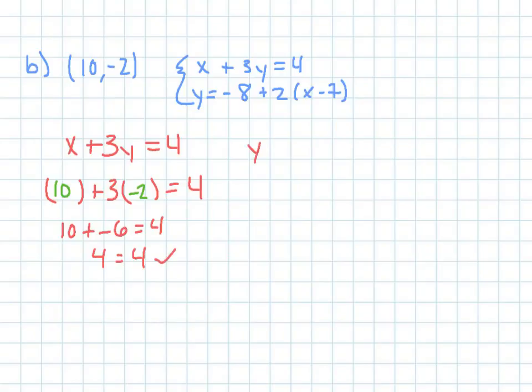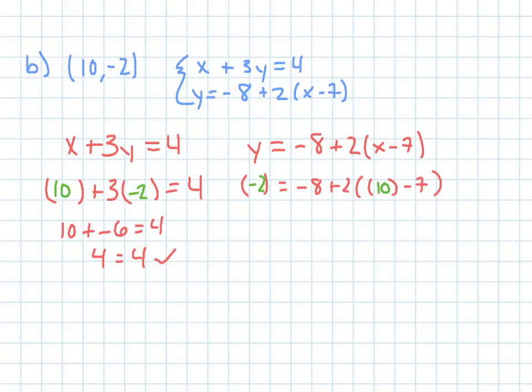Now I have to try the other one. So -2 equals -8 plus 2 times parentheses, with -2 and 10 in for your respective variables. Now I want to simplify. So negative 2 equals negative 8 plus 2 times the parentheses.